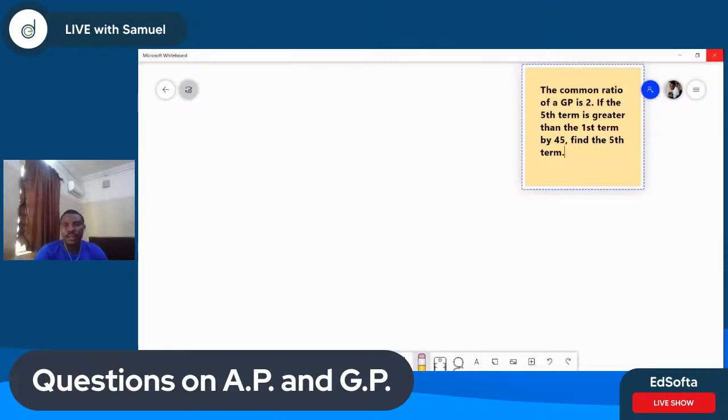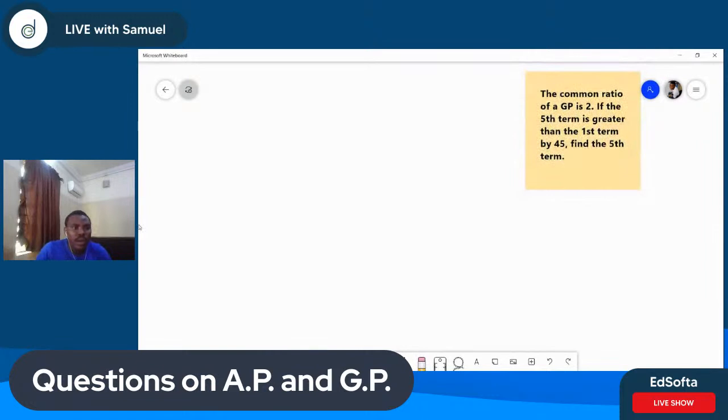So how do we solve this? Very simple. First, we can write out what we were given. So we're given R as 2. And they said the fifth term is greater than the first term by 45. This means, for example, that 12 is greater than 6 by 6 because 12 minus 6 is equal to 6.